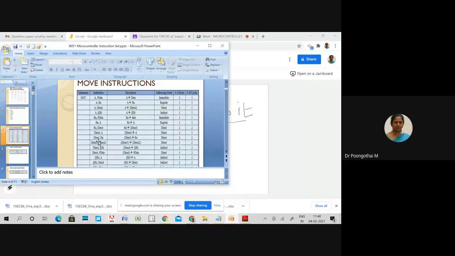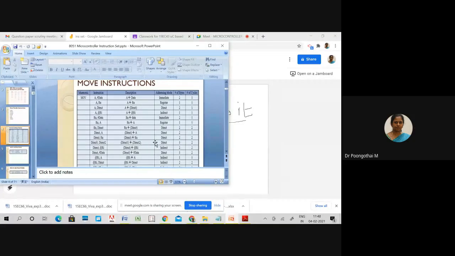MOV direct, Rn. So what is the purpose of this one? Same operation, your source is the general purpose register here. So the content of Rn is transferred into internal RAM memory. The addressing mode is direct addressing mode because the address is specified directly in the instruction itself.